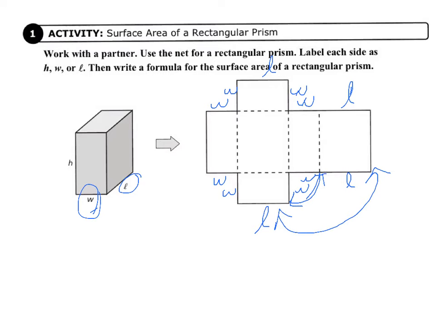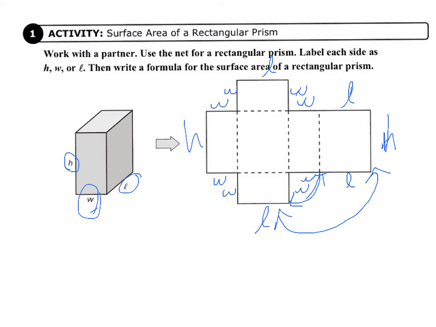And then what's left is the height. So we have a height here and a height on the other end. So that's right there. So now that everything has been labeled, we can start writing our formula.